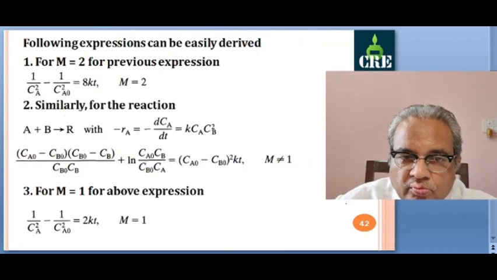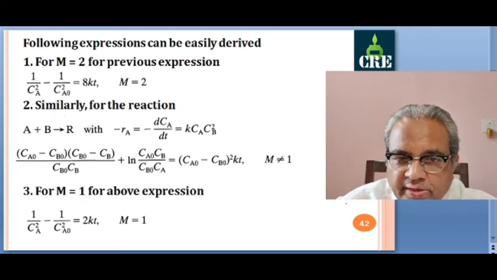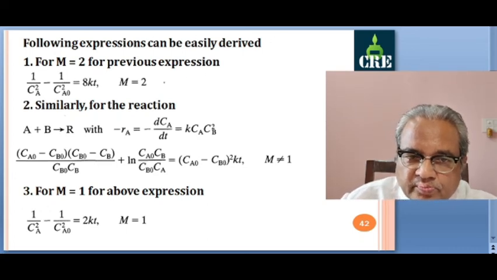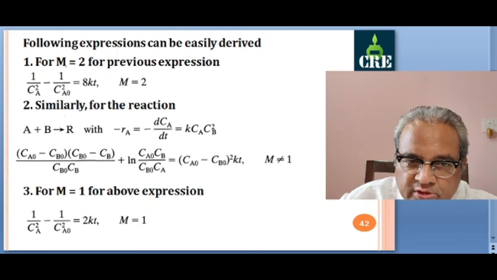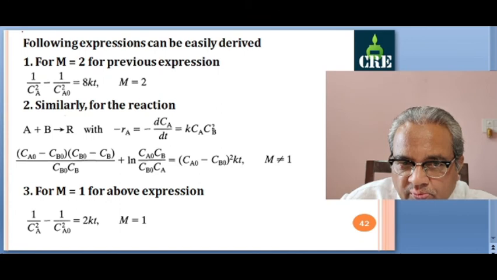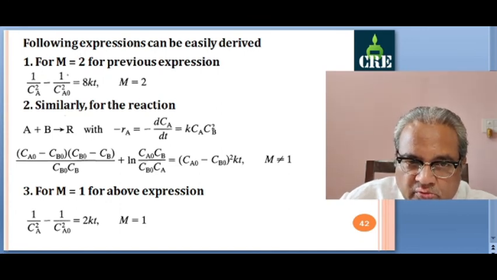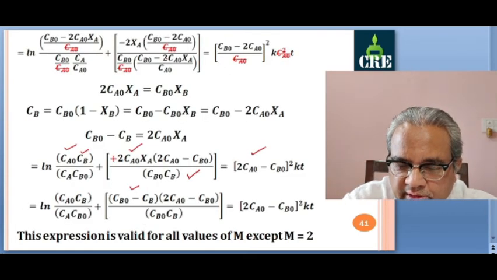Following the derivations which we have seen, you can derive the following expressions. For the previous case, for m equal to 2, as we have seen in one problem when we substituted m equal to 2, you should obtain 1 by CA0 square minus 1 upon CA0 square equal to 8 KT.